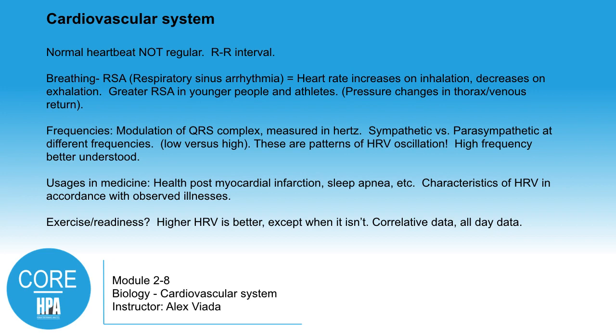It could be that these baroreceptors are more finely tuned and more responsive in healthy young individuals, etc. So that greater HRV, that heart rate variability as a result of this respiratory sinus arrhythmia, is actually generally a good thing. I think one of the more confusing things about HRV is people think, oh, well, if there's a lot of variability in my heart rate, isn't that bad? Like, shouldn't it be steady and consistent? That's not necessarily the case.